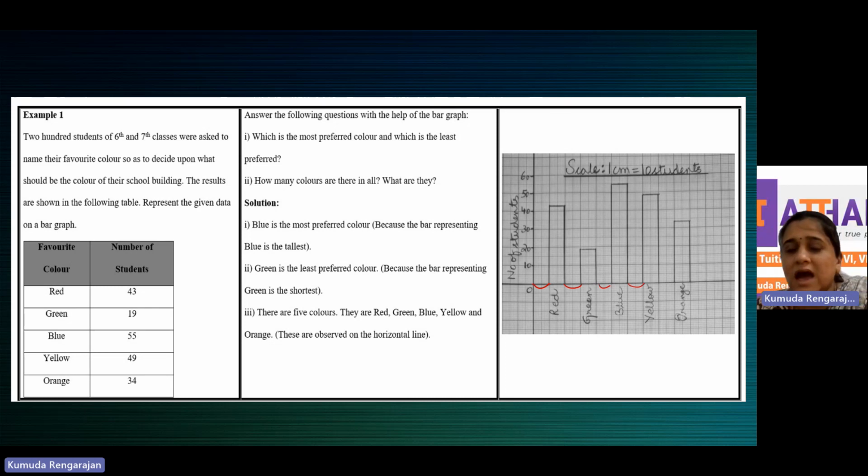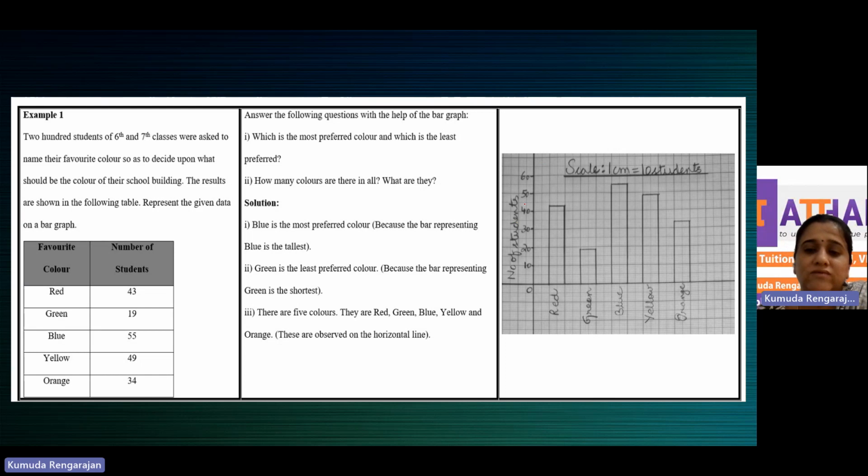They must have the same thickness, and the spacing also should be uniform. But the thickness and the spacing can be different values. Everywhere spacing should be the same, and all the rectangles must have the same thickness. The heights will depend on the frequency here.